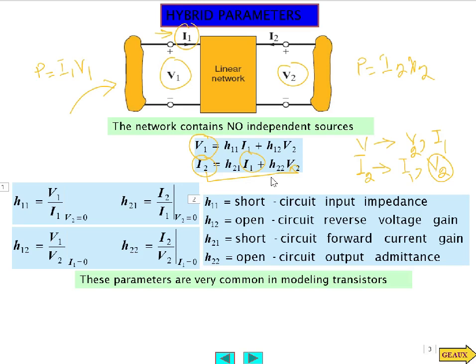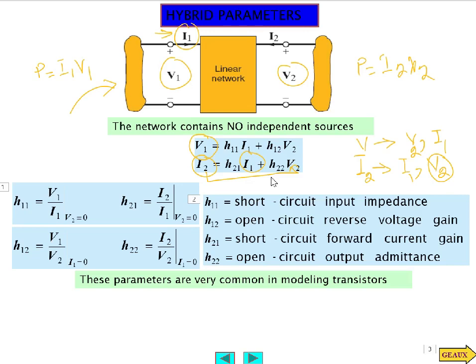If we want some problem solved with this particular circuit, we can use these parameters, put in the values, and we can easily solve this circuit. The same way that we did for the z parameters, where we first calculated z11, z12, z21 and z22, and after that we added a source and an impedance on the output, and then we solved it very easily.